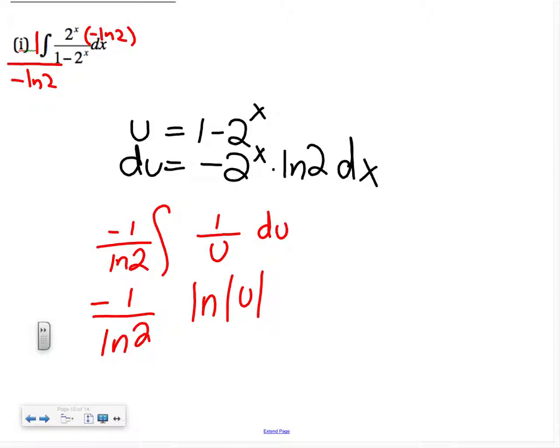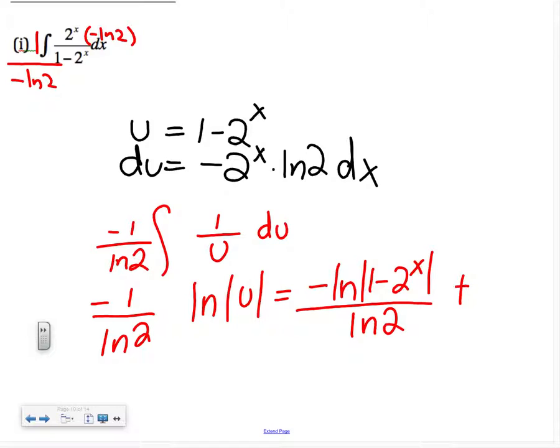In this case, the ln of the absolute value of u. Kind of weird, but that's what it is. So it's minus ln, u in this case is 1 minus 2 to the x, the ln of the absolute value of that over the ln of 2. So that would be my answer. Strange, but it works.